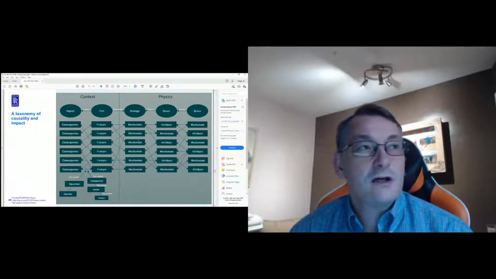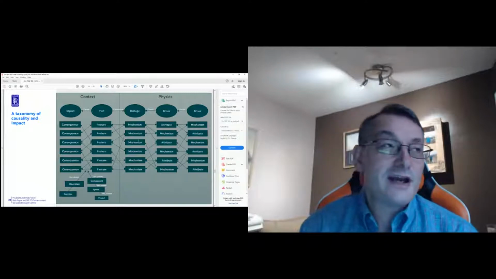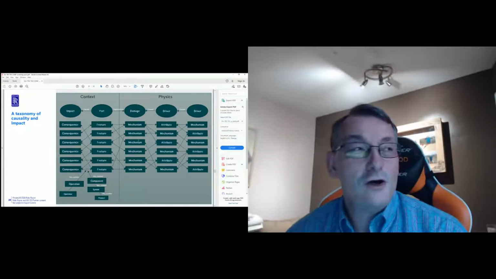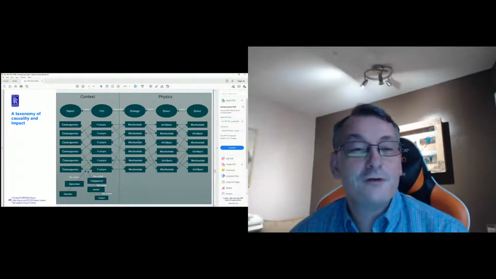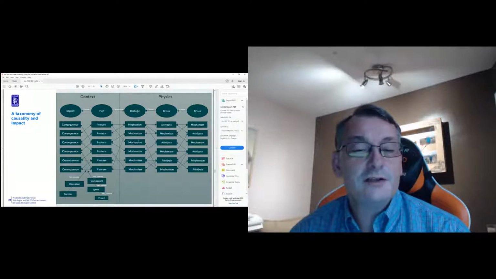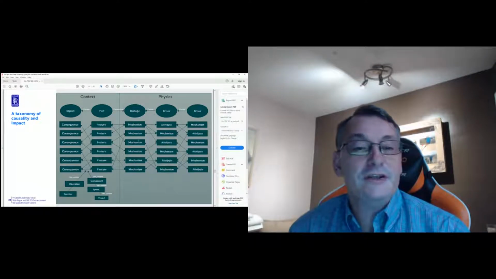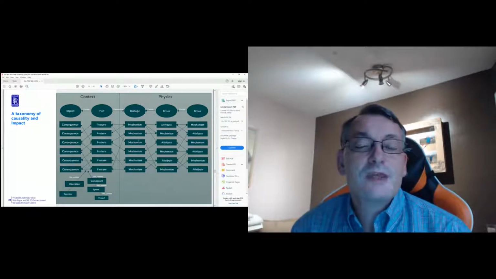So my car stopped working. I had to take my car to the garage. My car leaked oil on the driveway and created a slip hazard. So those are the end points which create some kind of problem that we would attach a level of pain or value to. So there's a value to avoiding that kind of outcome.